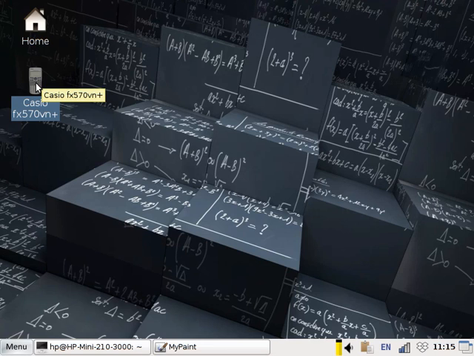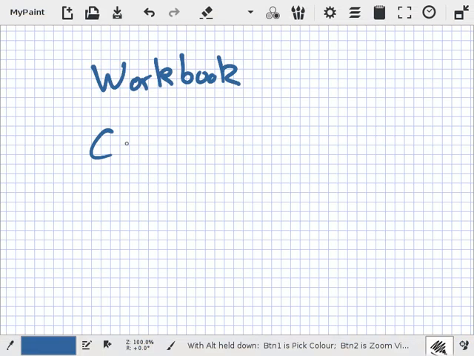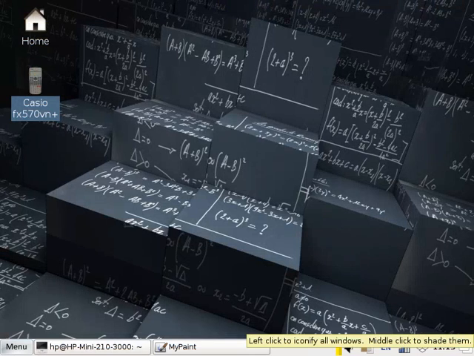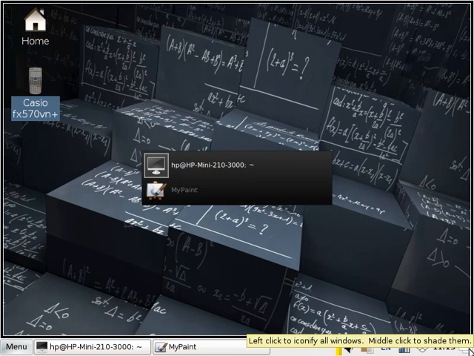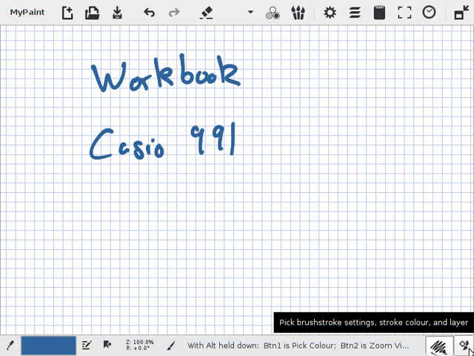There is another one that a lot of students get, called the Casio 991, but I discovered this one recently, which is even better. But if you have Casio 991, this one is the best one, Casio 570. But that might be a little bit hard to find. Casio 991 is a little easier to find.